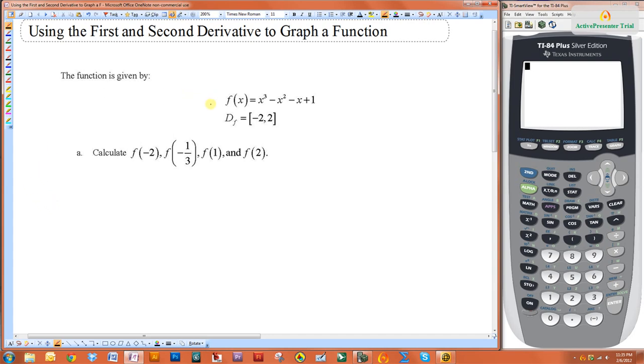Okay, so we're given the following function and the following domain, and we want to answer the following questions. The first thing we need to do is to calculate the function at various values of x.